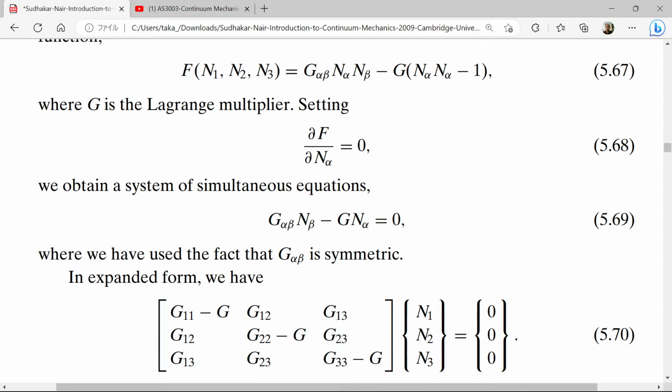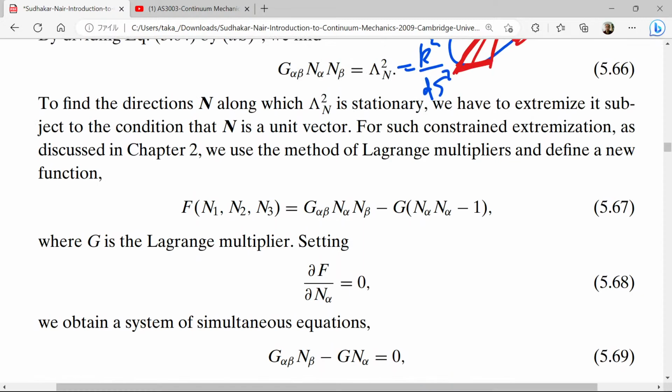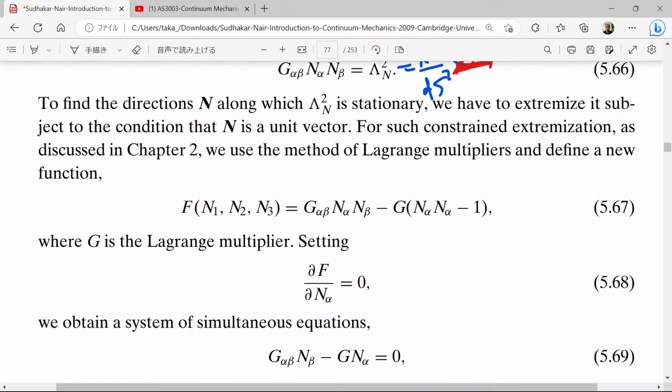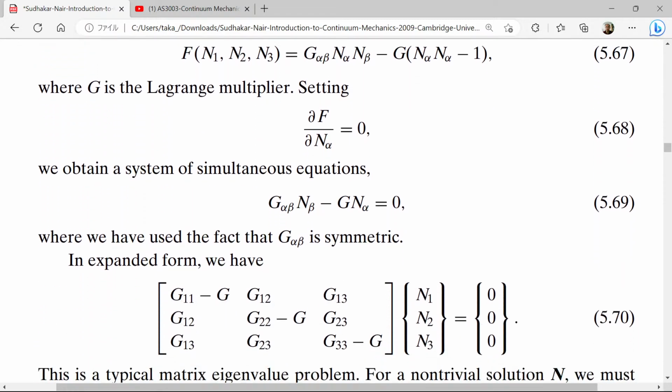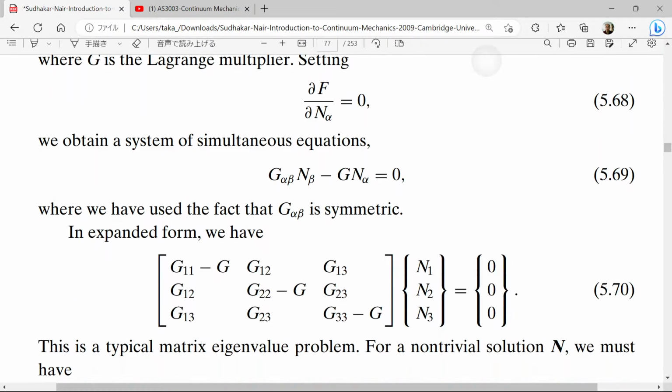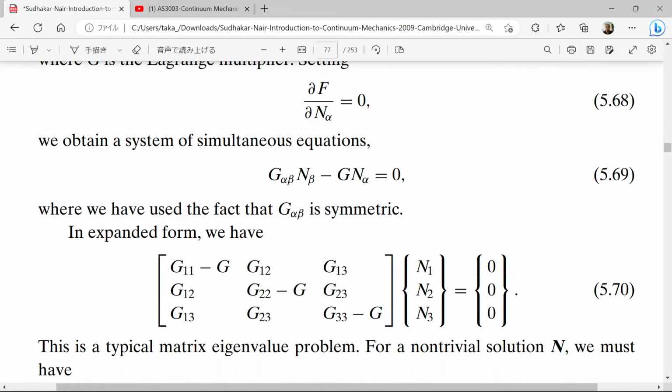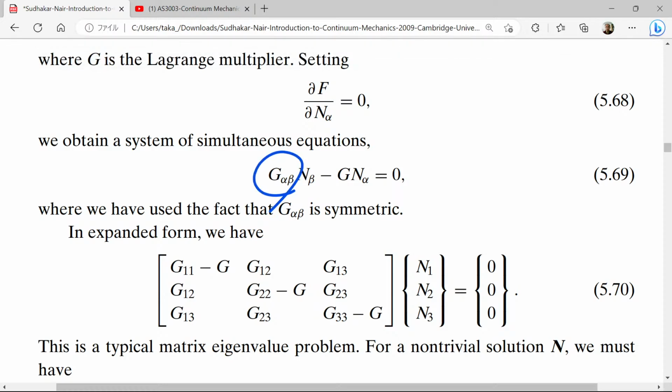I forgot, was it symmetric? Anyway, okay, G is symmetric.